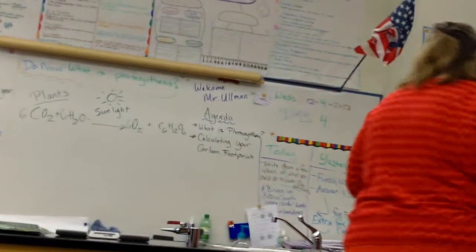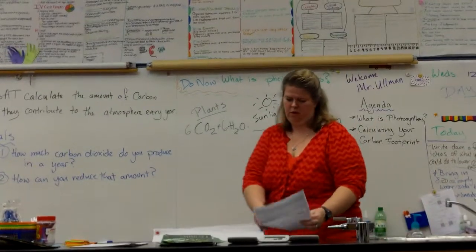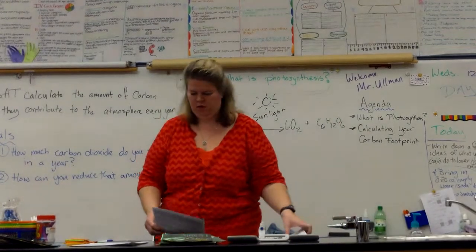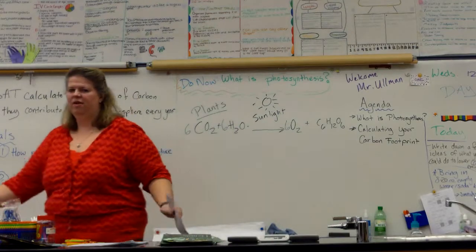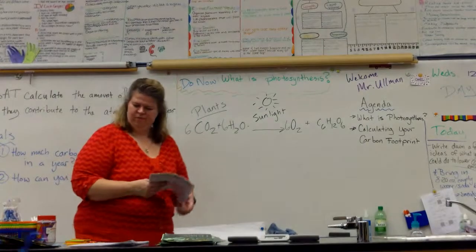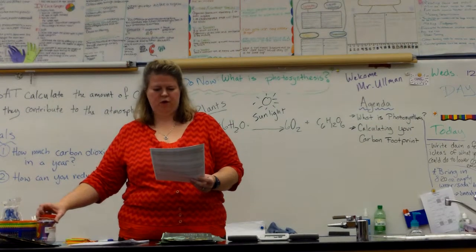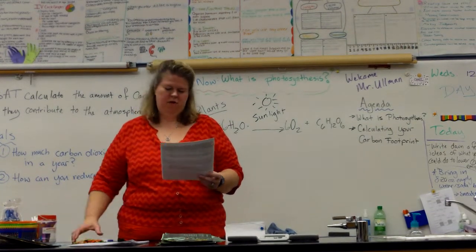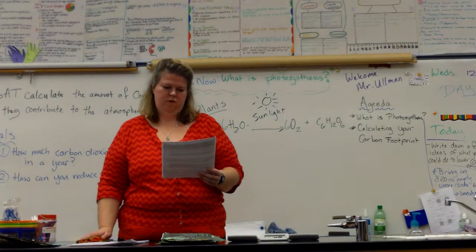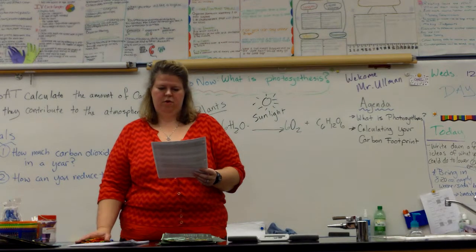All right, who would like to read that first paragraph? Arthur. Okay. The Kyoto Protocol is an international agreement written by the United Nations Framework Convention on Climate Change to limit or reduce the emission of greenhouse gases.